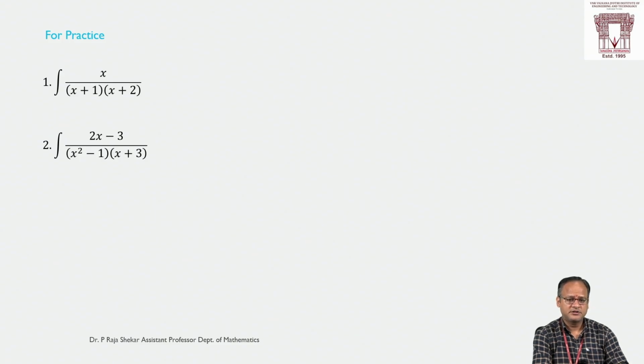These are two problems for your practice: x divided by x plus 1 into x plus 2, and another one, 2x minus 3 divided by x square minus 1 into x plus 3.